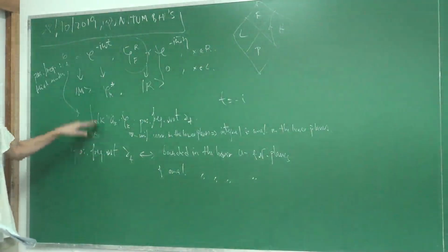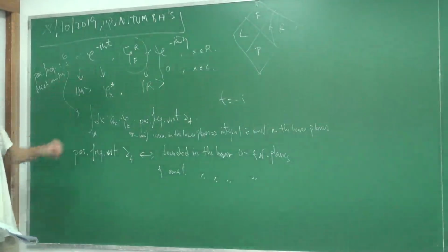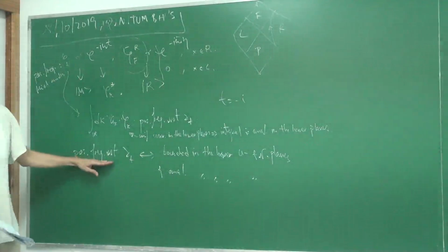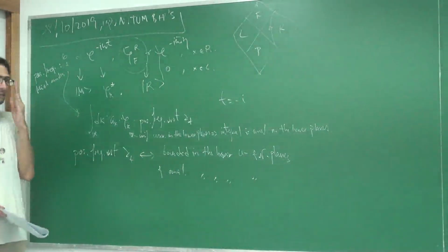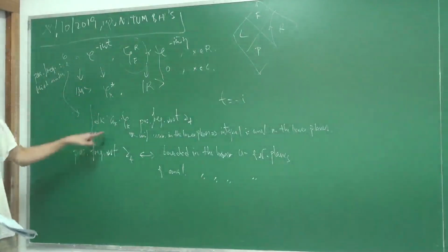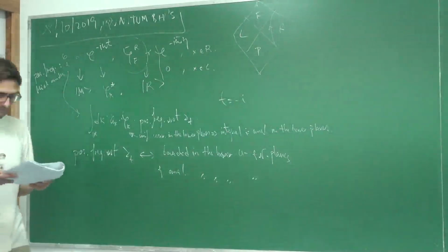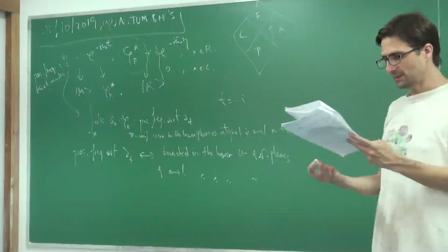If you wish, there will be a linear combination of these positive frequency Minkowski modes, but they won't be equal to the positive frequency Minkowski modes. But they define the same vacuum. It will be a linear combination of the phi k's. So that's what we did see.